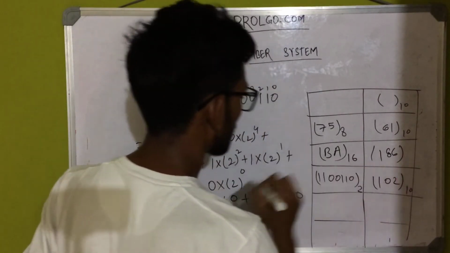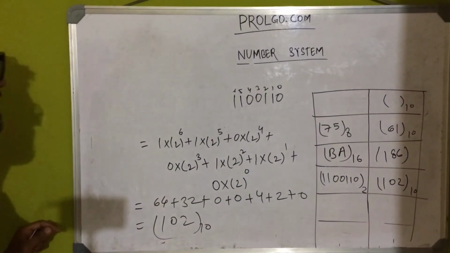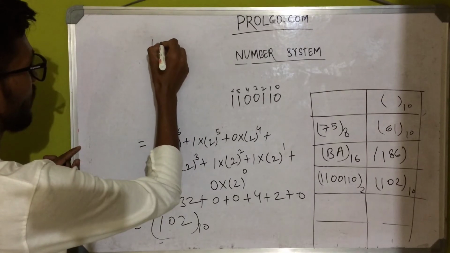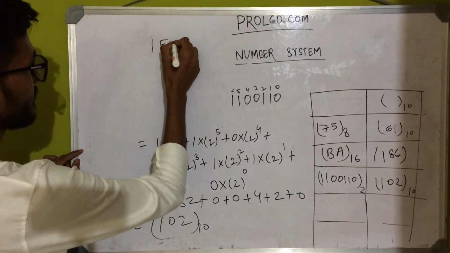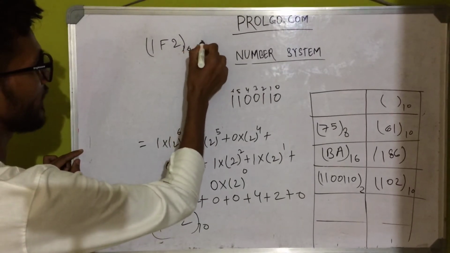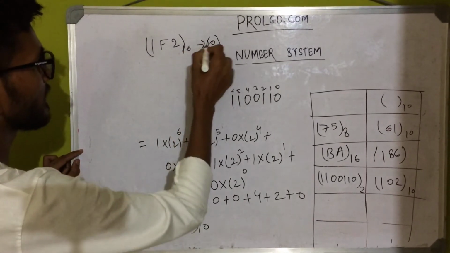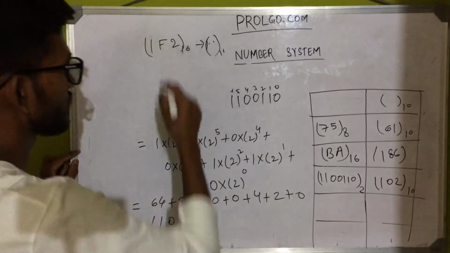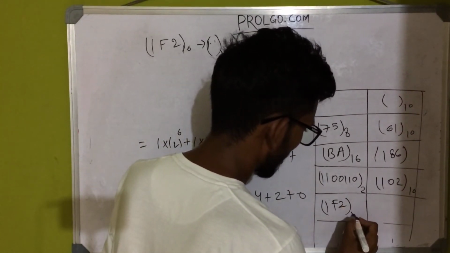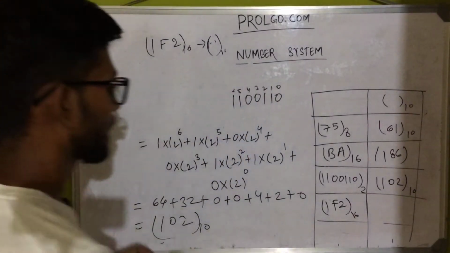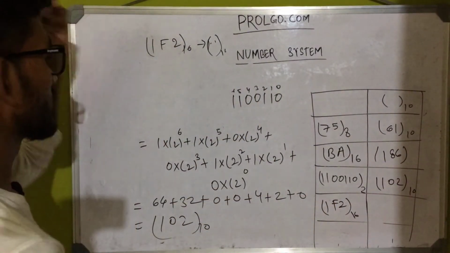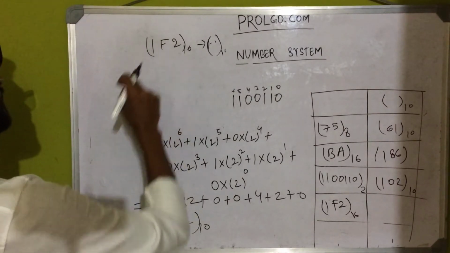Now take another example, 1F2 in hexadecimal, converted to decimal. How much should it be?